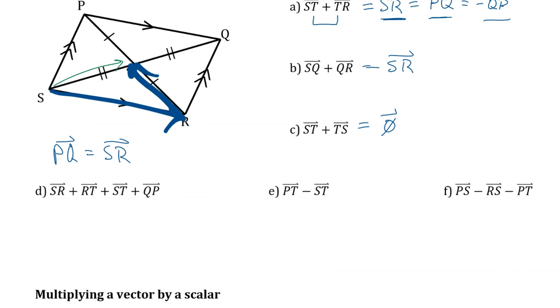So if I take this vector and I put its tail here and I move it like that, then that's the same as going from S to T is the same as going from T to Q. And then plus QP, well, I am actually at Q now if I think of it that way. So if I go to P, I go there. So I started at S and I ended at P. So my resultant vector here is going to be SP.